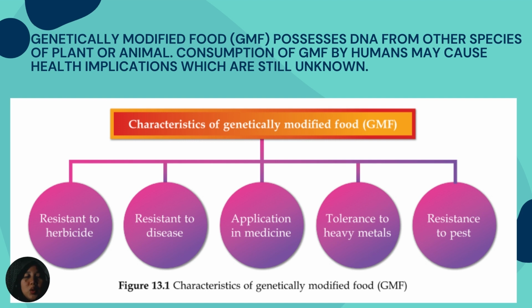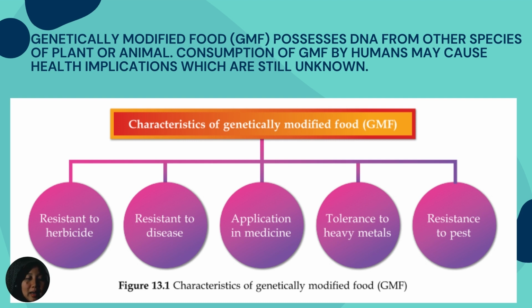Okay, so this is how we identify, how we know that food is genetically modified. Basically the characteristic of genetically modified food is the food, the plants or animals has a resistant to herbicide.